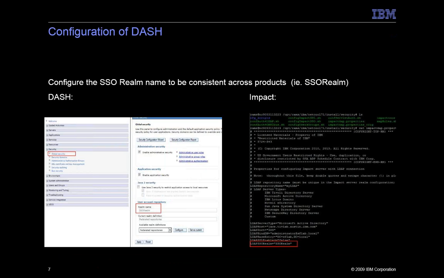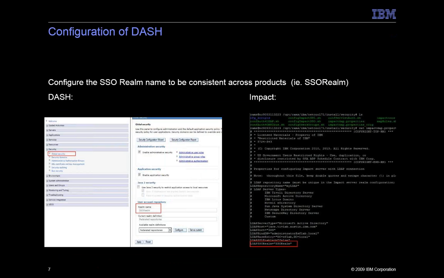That's in the Impact .properties file. That file is on my path, as you see in the picture on the right, under install security. In that properties file, if you go to the option after the LDAP SSO enable equal to false, you will see that my LDAP SSO Realm is exactly the same as my Dash.